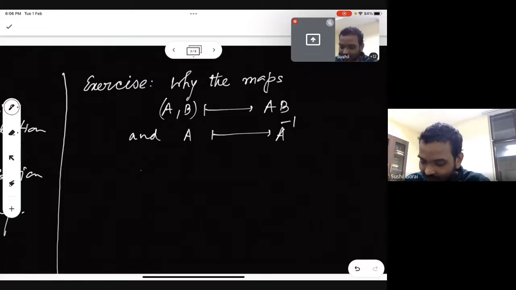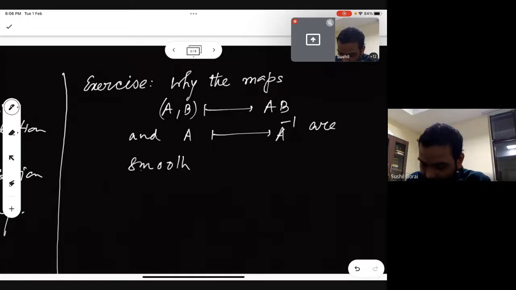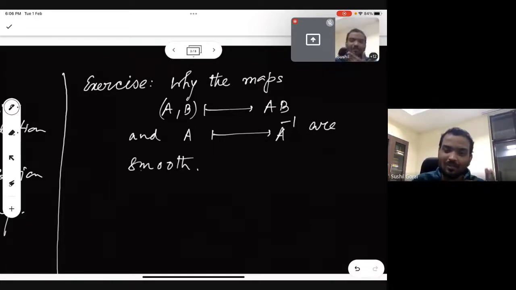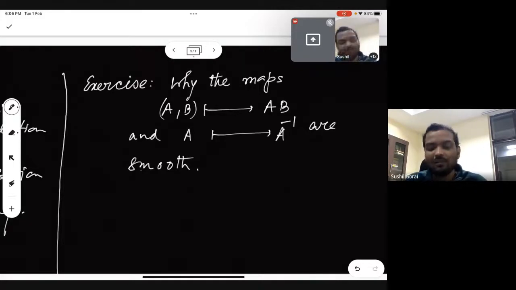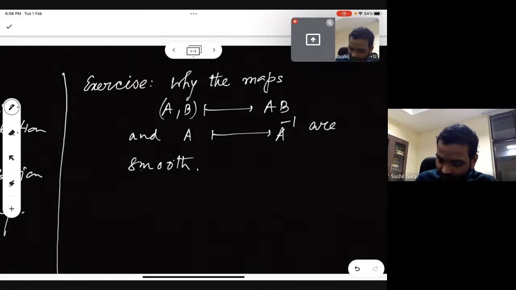In this case, you have polynomials, so these are smooth. If you want to write it, you just need to write the expression of each entry of AB and A inverse, and show that it is a polynomial and smooth.